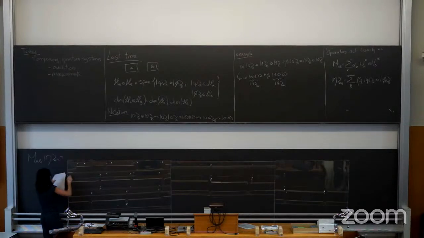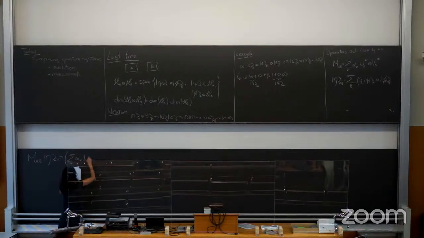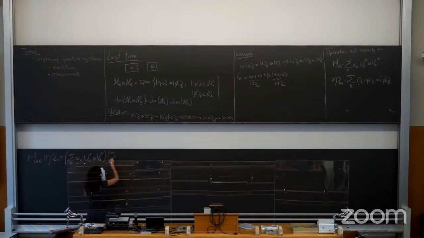So first, let's just write them. Sum over K, alpha K, this is not U to the k, it's the unitary called U_K. Any matrix acting on this.